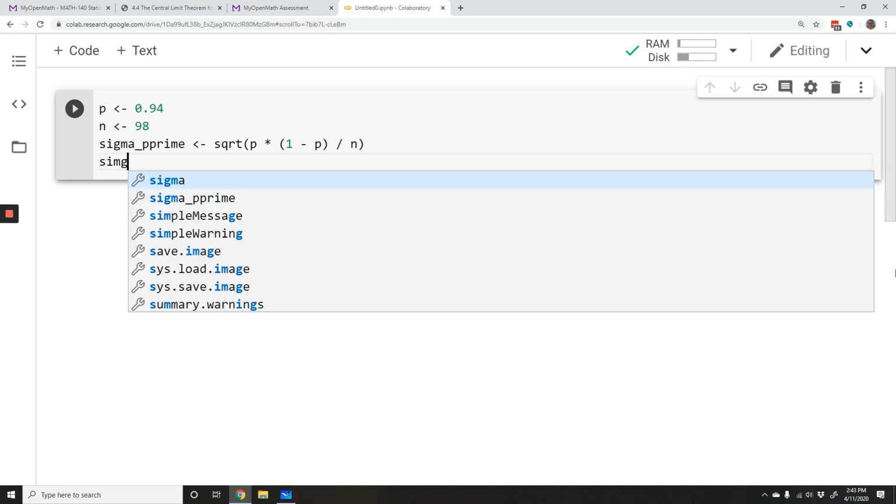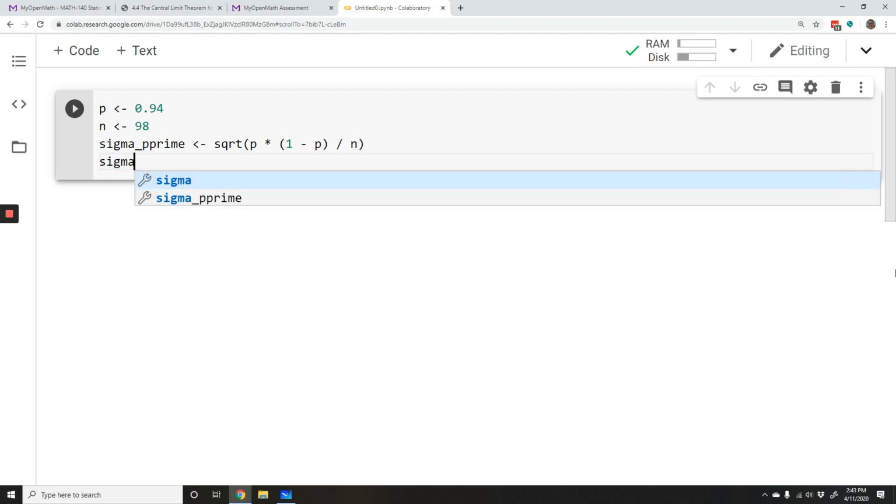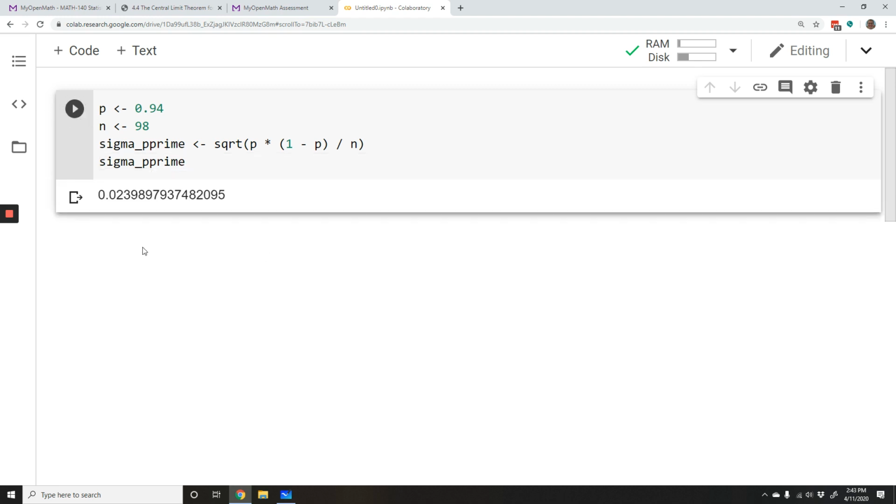So let's see what that is. Okay, so we have 0.0239. So sigma sub p prime is about 0.0240 if we round.